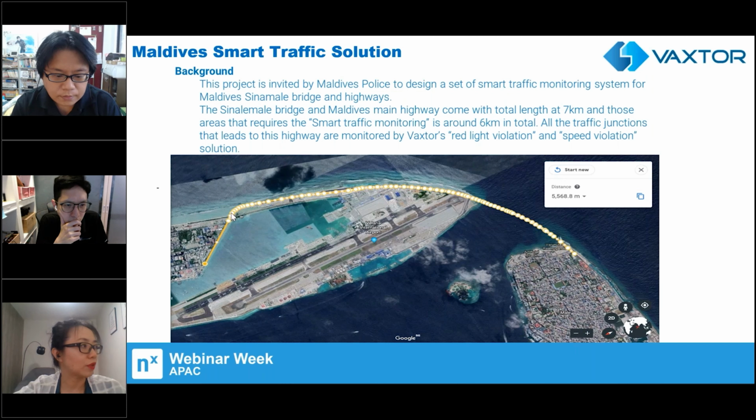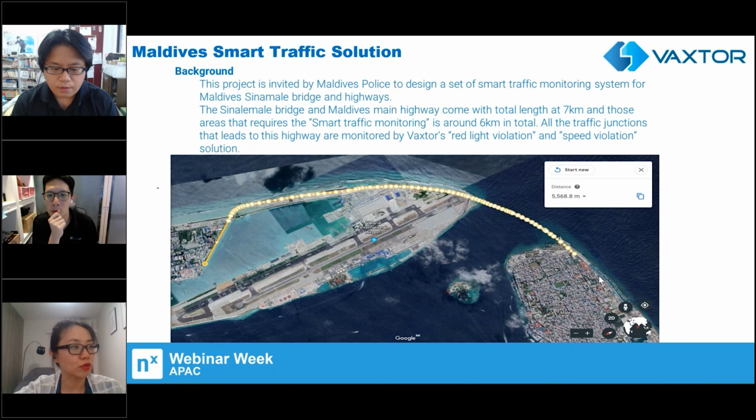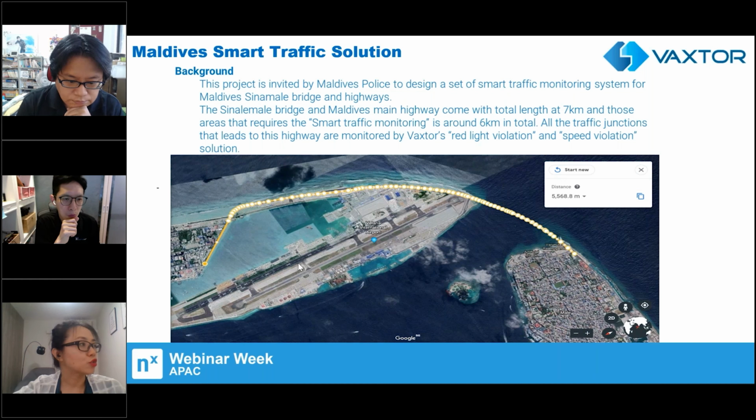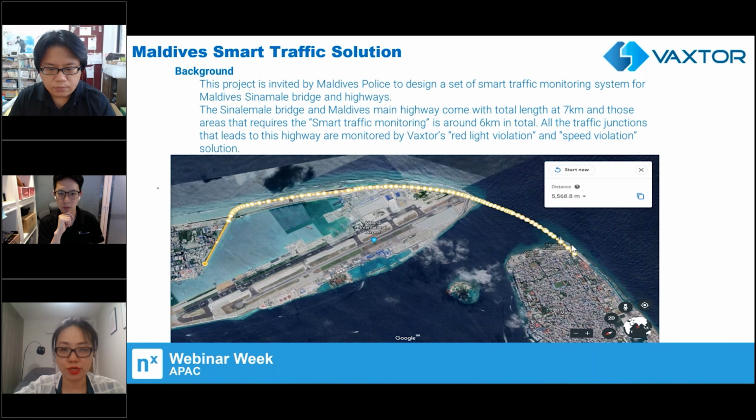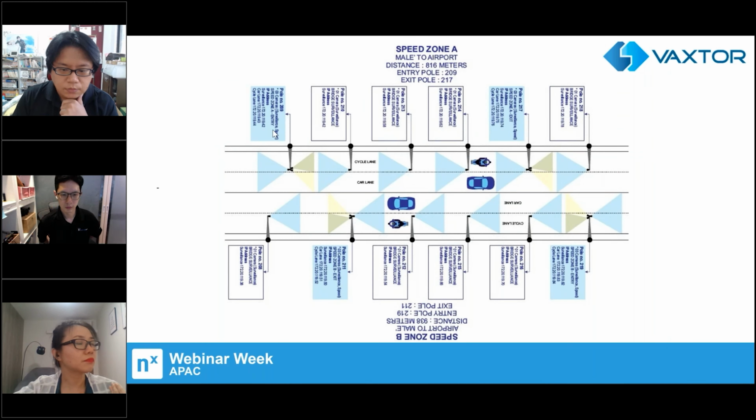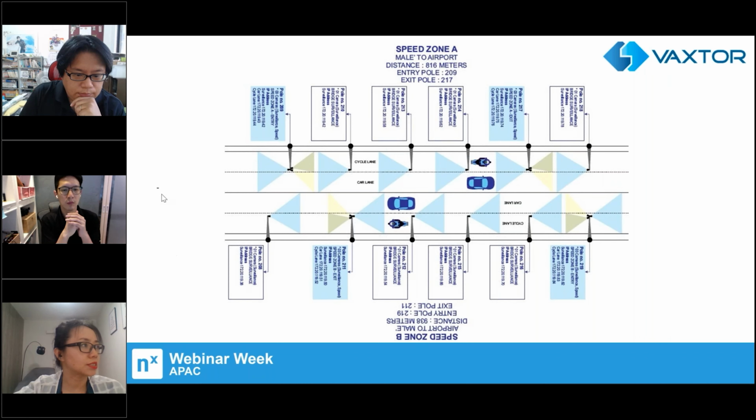We deployed cameras along the highway and also the bridge. The reason the end user was looking for this solution is because they had been experiencing very high speed violations and also accidents caused by speeding. So they really would like to address this problem once and for all. That's the reason why we proposed this design concept.